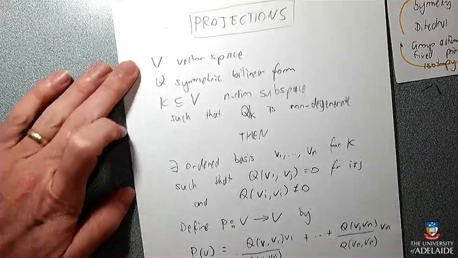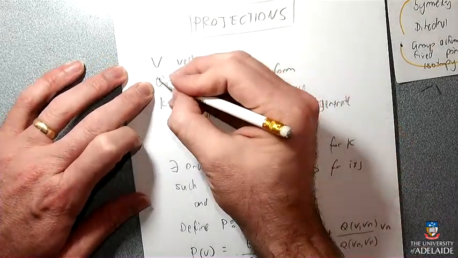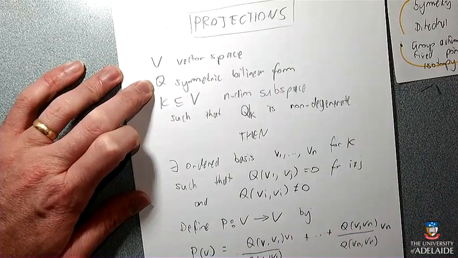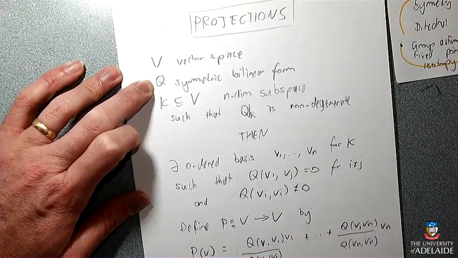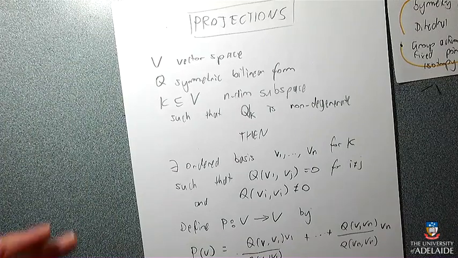We have a vector space, we have a symmetric bilinear form, which means that Q of V, W is the same as Q of W, V. That's the symmetric bit. Bilinear meaning that if we do like A plus B in one of those coordinates, we can expand out over that. And if we go like K times a vector in one coordinate, you can pull out the K. That's the bilinear. Okay. Cool.